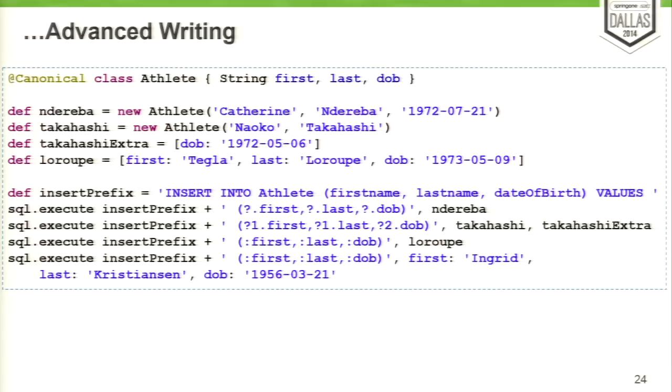Pretty straightforward. If I go question mark dot last, it again goes to my parameter object here and tries to get the last property of that object. Similarly, date of birth. If the whole thing was a map, it'll still work.